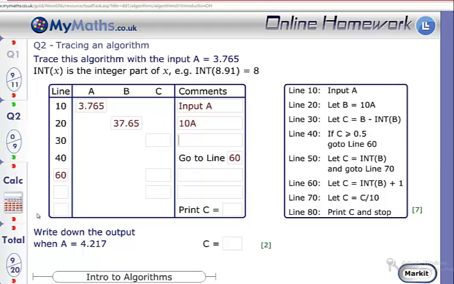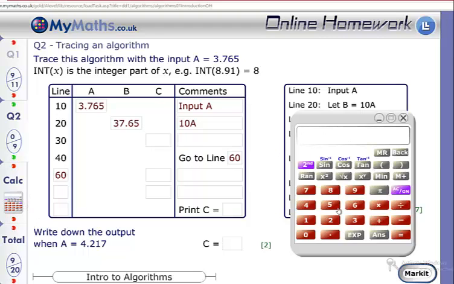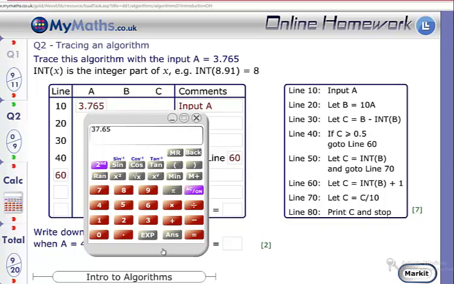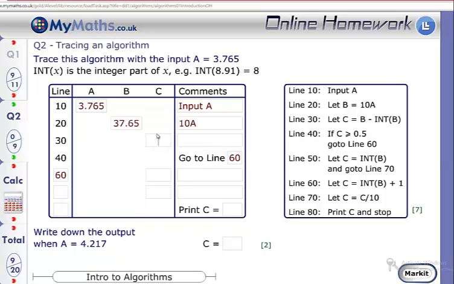Okay, I'm going to get out the calculator. So B is 37.65, and then integer B would be 37, and it's take away the remainder. So would it just be 0.65? I'm guessing that, yeah. I'm going to put 0.65.